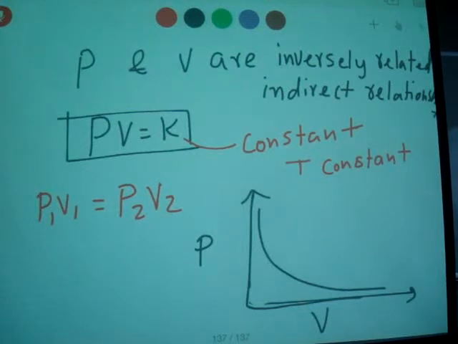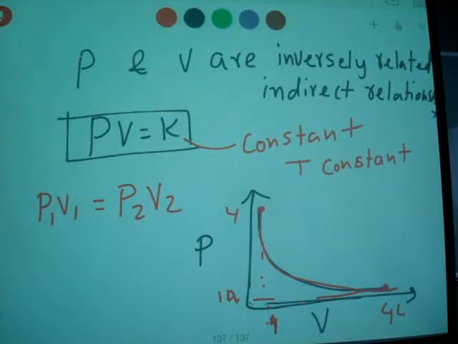At this point pressure is 4 but volume is 1 liter. Here volume is 4 liter, but pressure is 1 atmosphere. So that's the graph of Boyle's law.